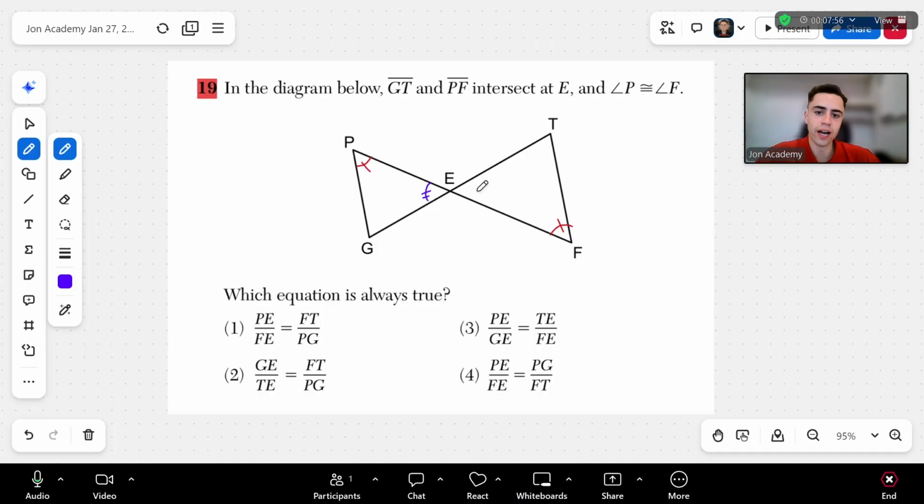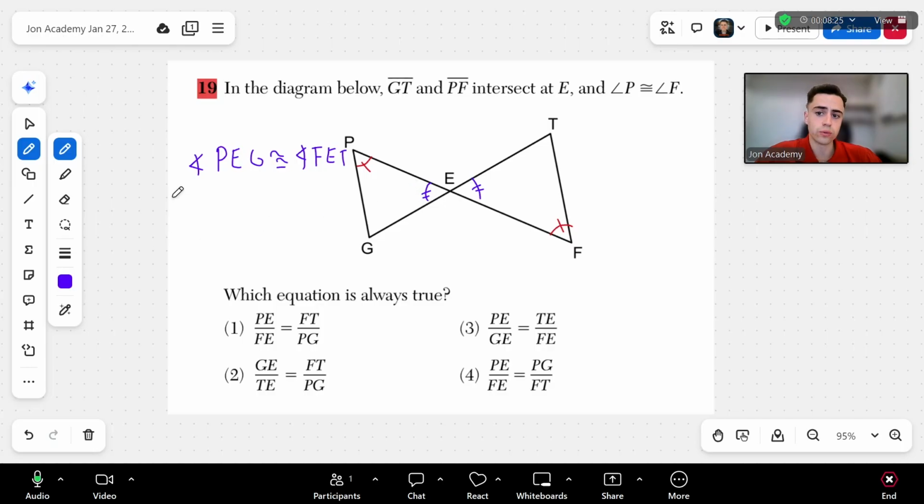These angles, well, it's a multiple choice, but we can write it here. Angle PEG is congruent with angle FET, no? Because of being vertical opposites, no?